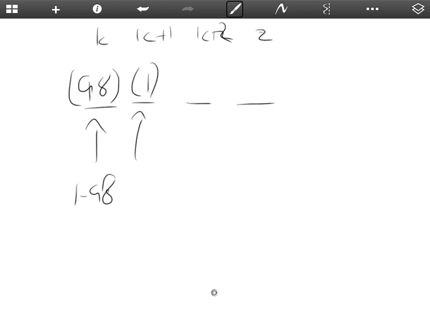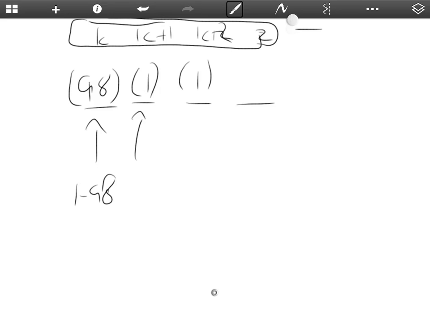So how many options would you have for k plus 2? Just one, because k defines k plus 1 and k plus 2. That is to say, if you choose a k, and you stick by the rules of this whole block here, then there's only one option for k plus 1 and k plus 2.